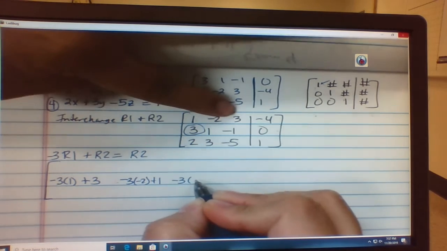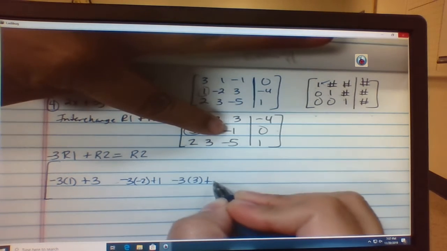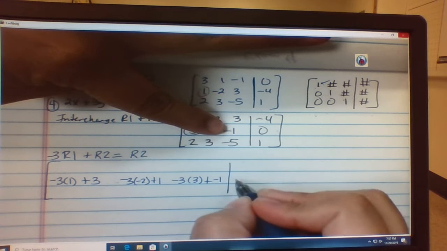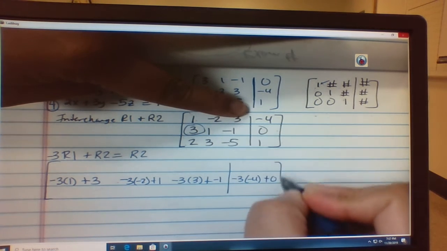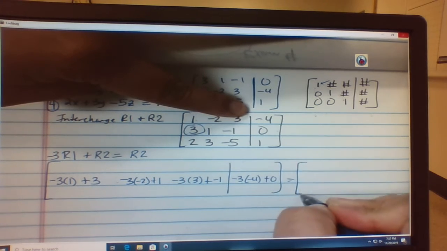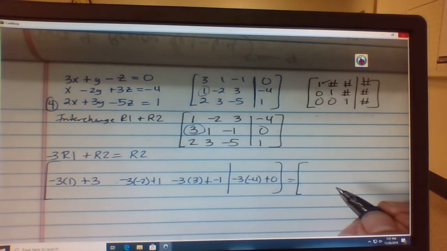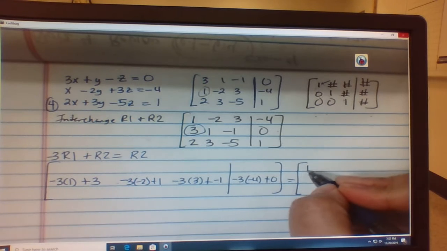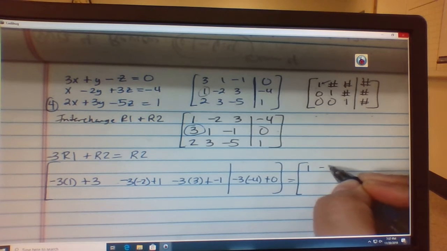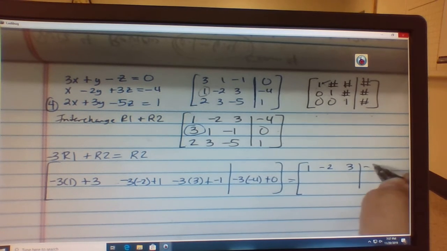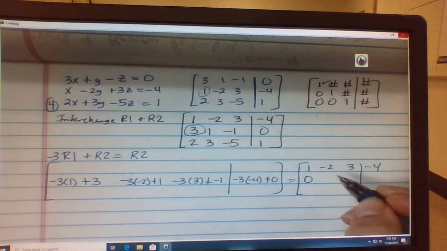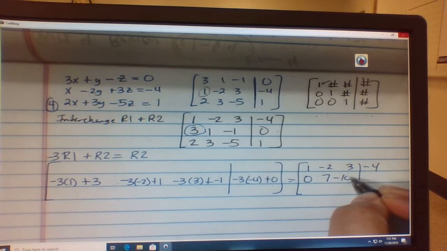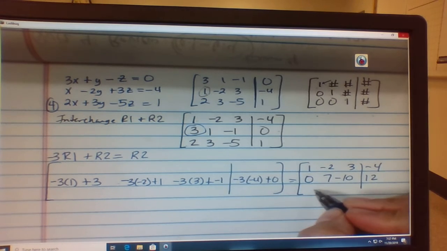Negative 3 times this 3 plus the negative 1. Negative 3 times the negative 4 plus the 0. So we need to be careful with those numbers. The first row stayed unchanged. The middle one's going to become a 0, 7, negative 10, and 12. And correct me if I'm wrong.